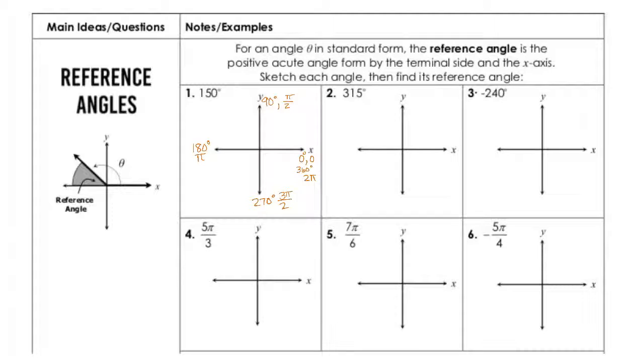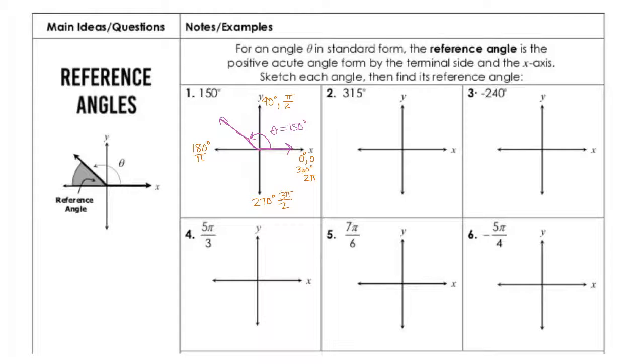So for 150 degrees, keep in mind that's going to be over here in the second quadrant. So this is going to be your given of 150 degrees. That's your theta.